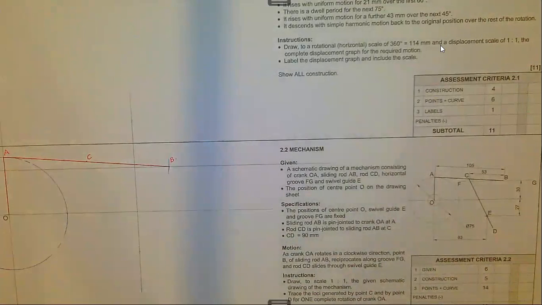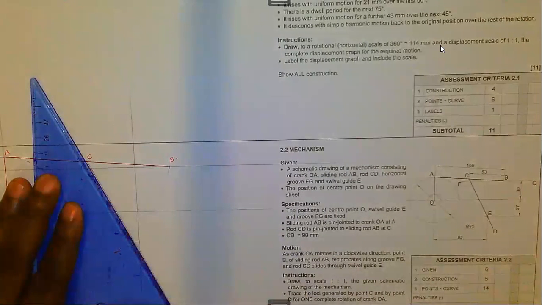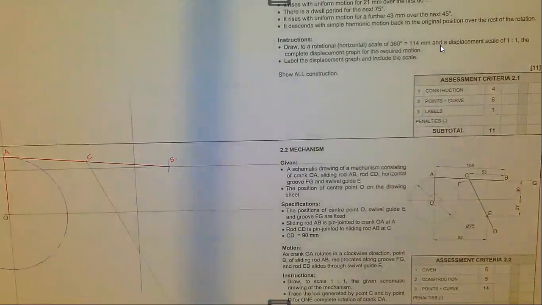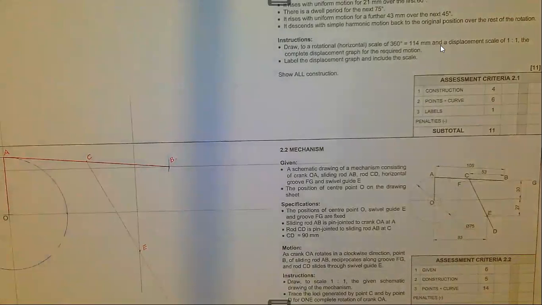Right. Then in terms of our construction, we can join from point C. Remember, you need to copy everything properly, right? Then we measure CD. We are given that information, that's 90 millimeters, right?